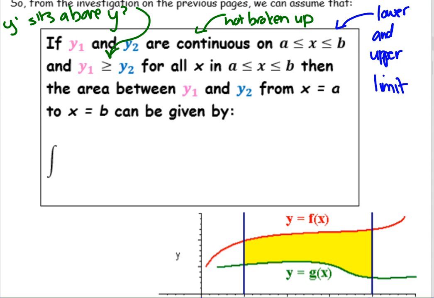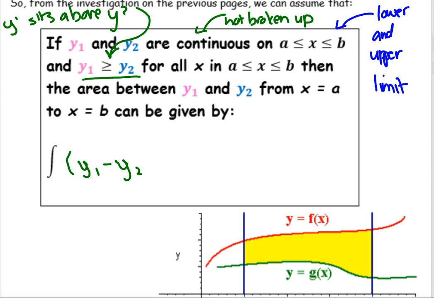Okay, so what that means there is y1 sits above y2. So what it says: if y1 and y2 are continuous on that interval, and y1 sits above y2 for all x in that interval, then the area between y1 and y2 from x equals a to x equals b can be given by the integral of y1 minus y2.